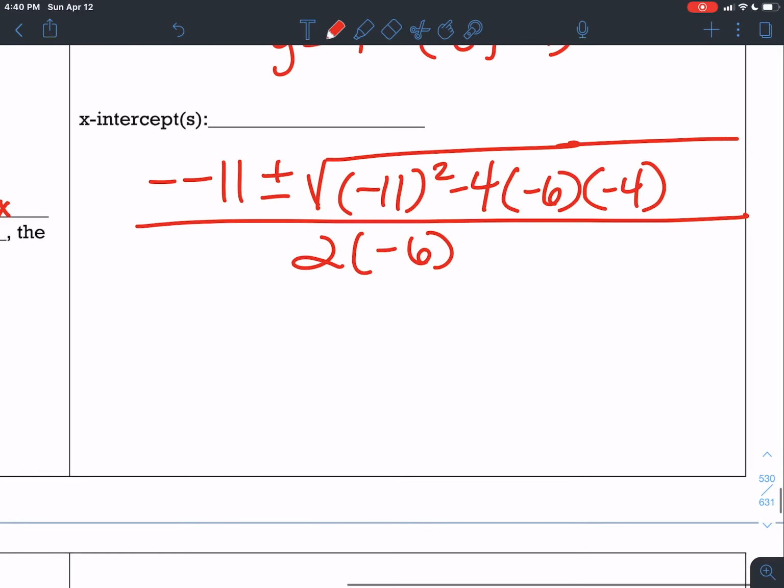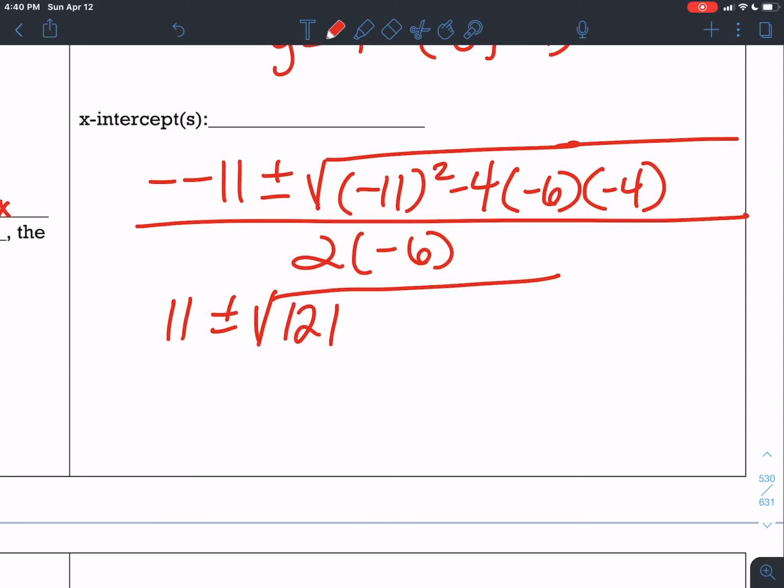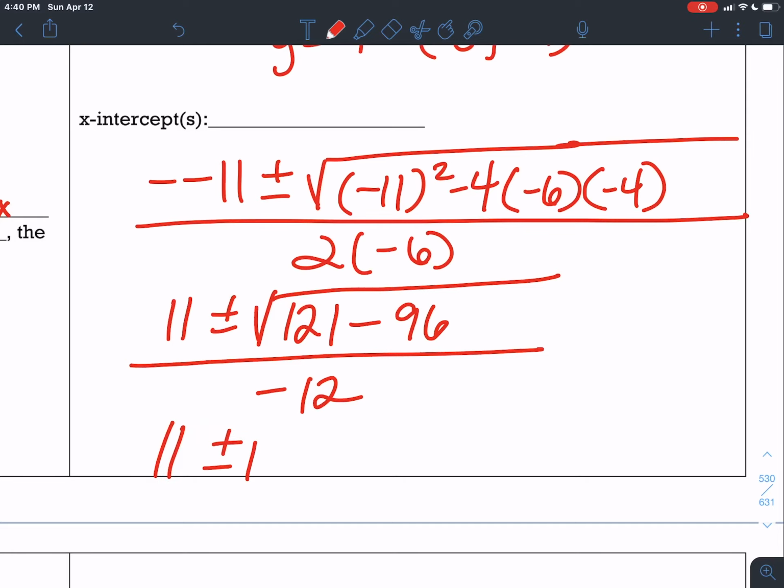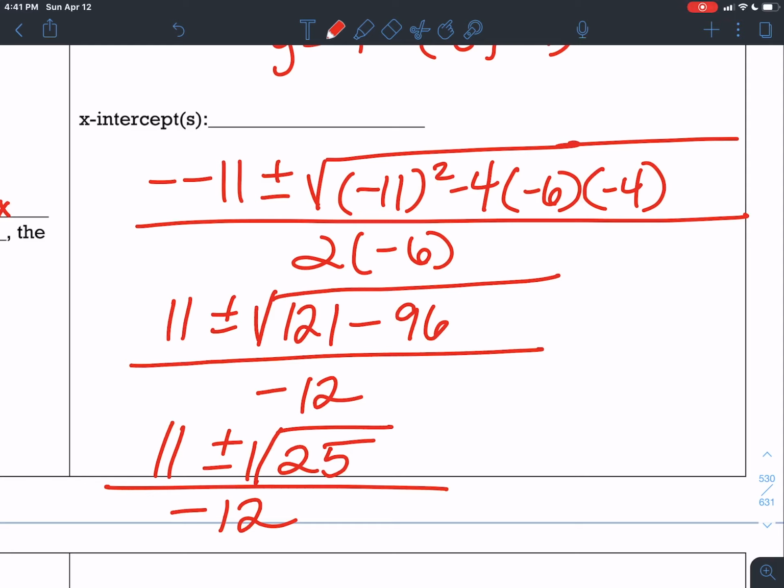And let me simplify. 11 plus or minus square root of 121 minus 96, all divided by negative 12. 11 plus or minus 25, all divided by negative 12. The square root of 25 is 5. 11 plus or minus 5 over negative 12.